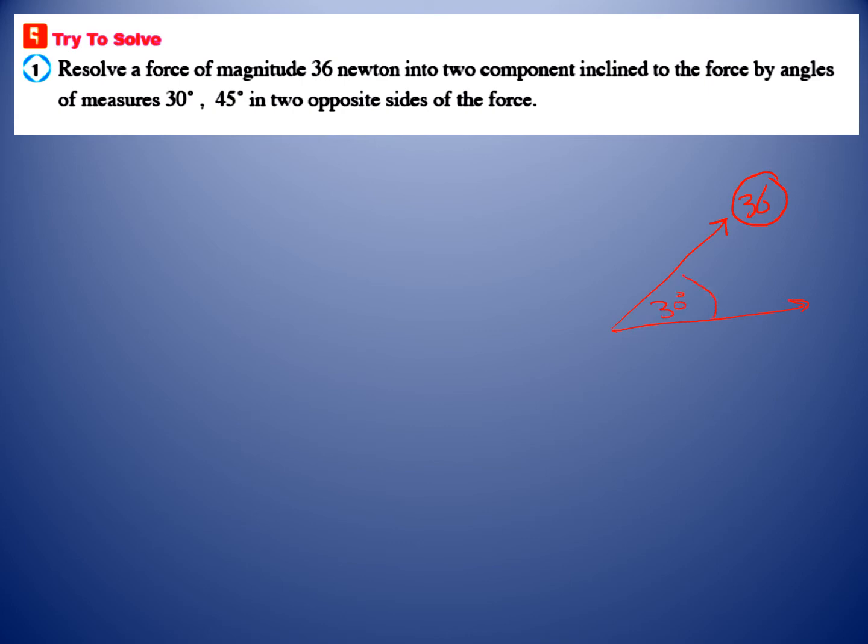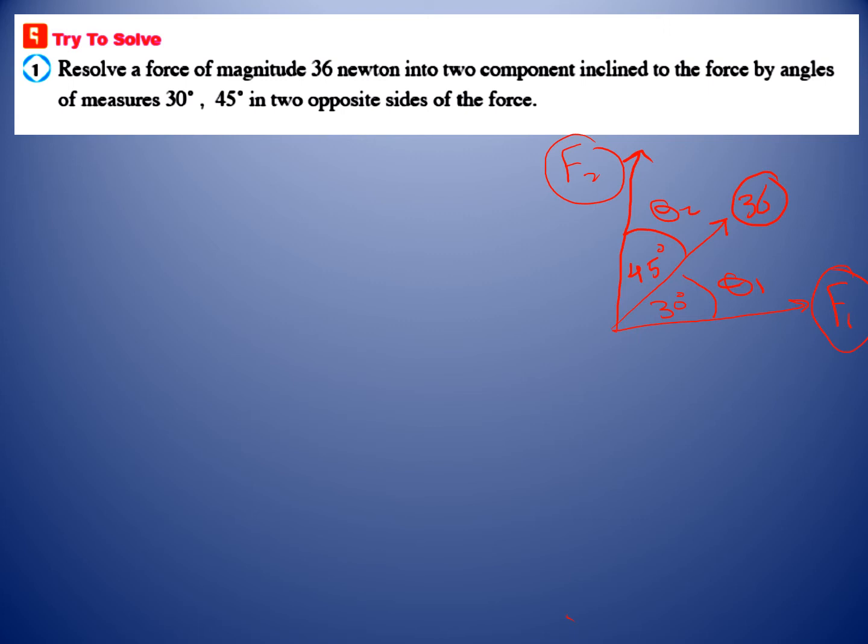This is θ1, and 45 degrees inclined to the second force, F2. This is F1, and this is F2, and here θ1, and here θ2.